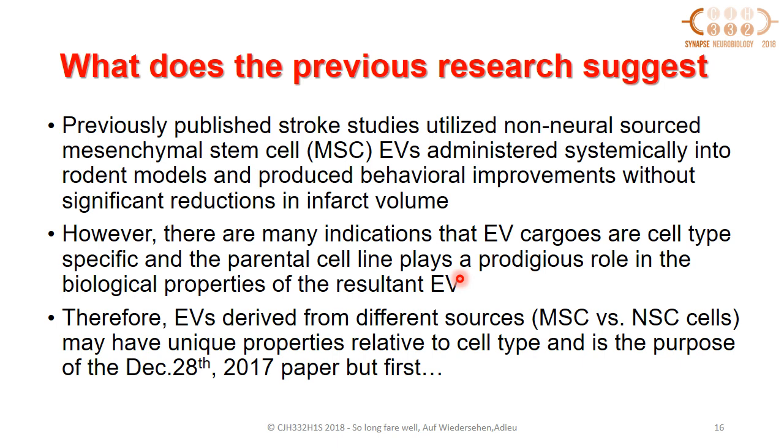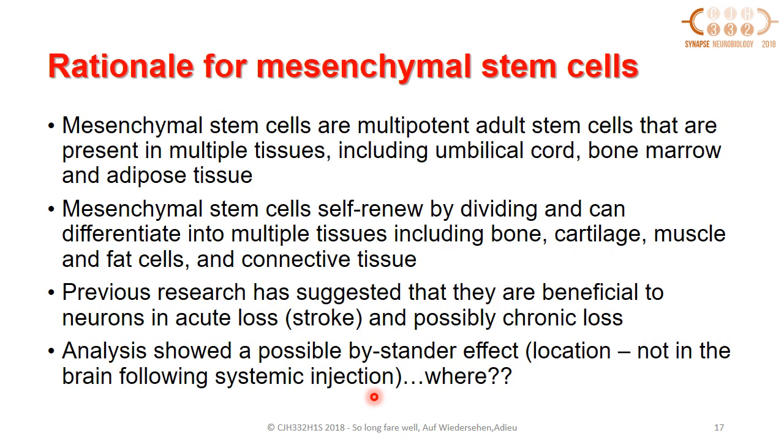So people wanted to start to identify, is it really the cargo from these different stem cells that is important? When you look at the extracellular vesicles derived from either mesenchymal stem cells or neural stem cells, is there a difference in the cargo that they deliver, and therefore is there a difference in the functional recovery following stroke?